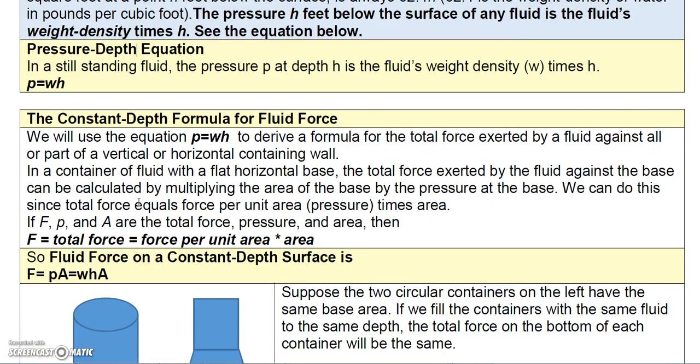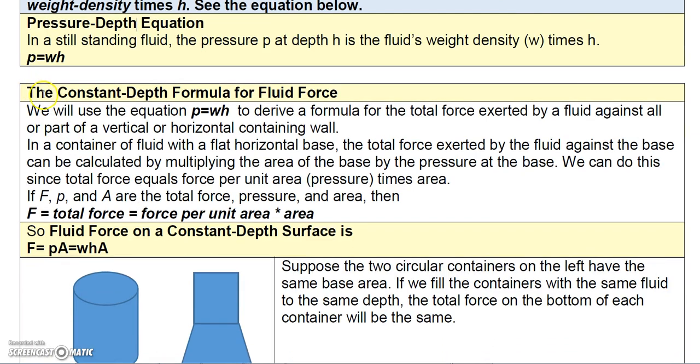Okay, now, so for a constant depth formula, we will use the equation pressure equals the weight density times h to derive a formula for the total force exerted by a fluid against all or part of a vertical or horizontal containing wall.